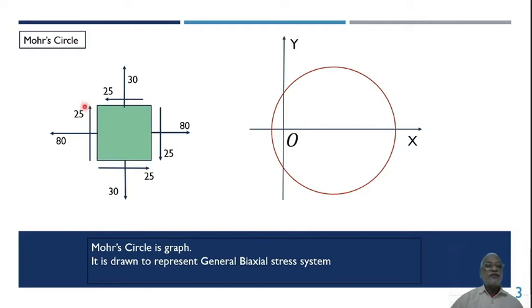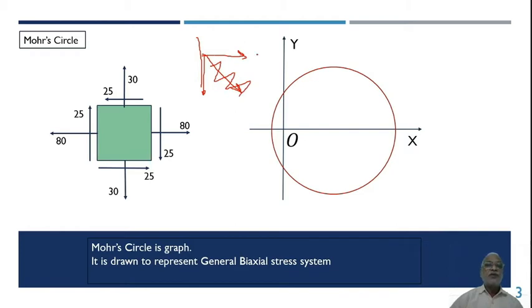What is general biaxial? If you take an element from the stressed member and put the stresses acting on the element, any stress can be replaced by a normal stress and a tangential stress. Even if you have an inclined stress on one face, this can be resolved into a component parallel to the face and a component perpendicular to the face, and then we can remove the inclined stress.